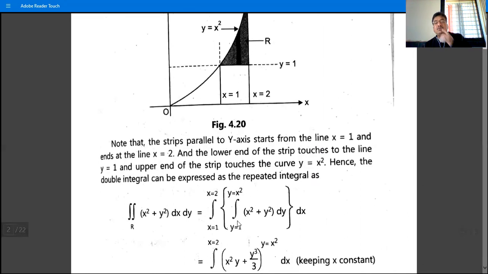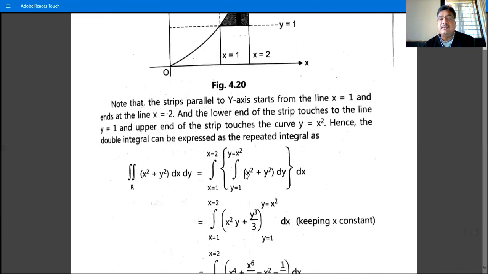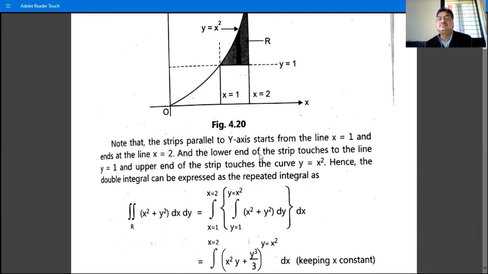Then with respect to y first means the limit is on y. In this integration, the limit is on y because we have to integrate y first, and then with respect to x means this limit is on x. So write y is equal to here, write x is equal to here. How can we write the limit of y? Consider this strip.